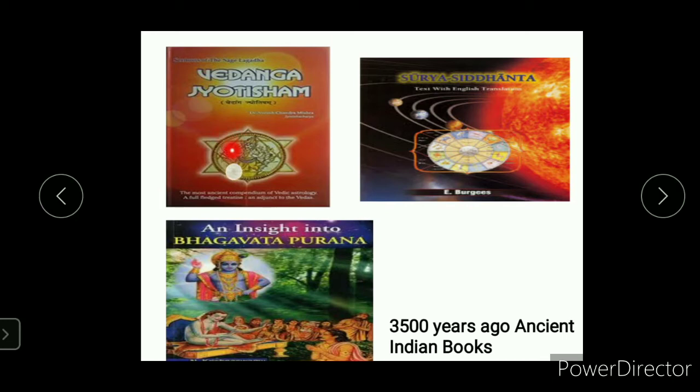In these books, they have given information about the formation of eclipses. Do you know what is an eclipse? We say solar eclipse, lunar eclipse, right? If the sun does not appear, it will be a solar eclipse. If the moon does not appear, it is a lunar eclipse.